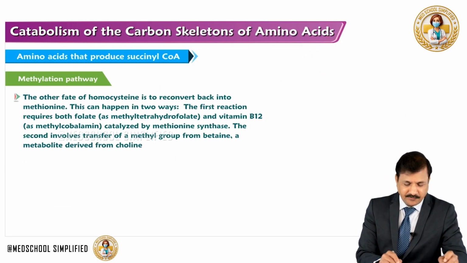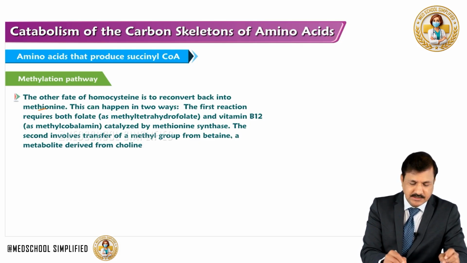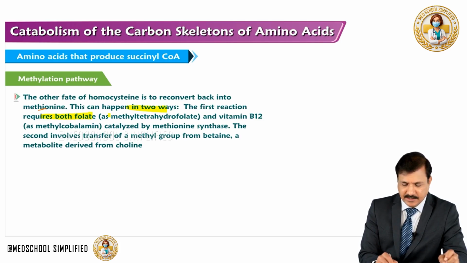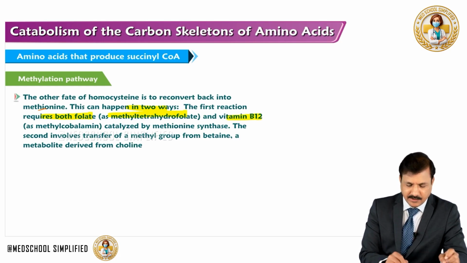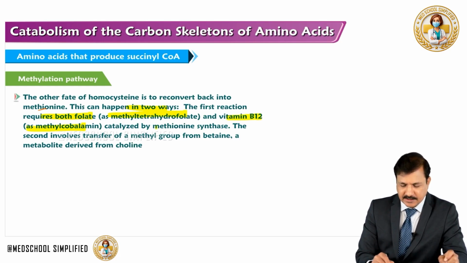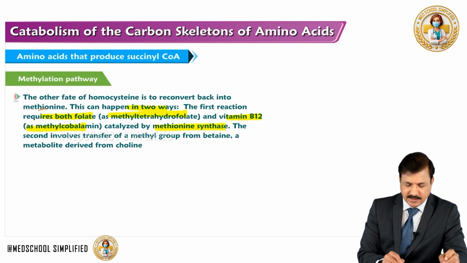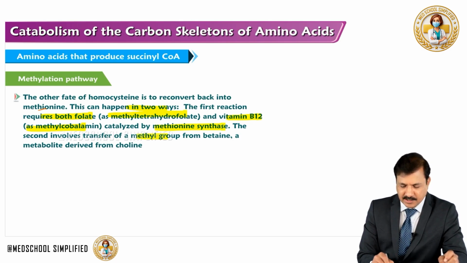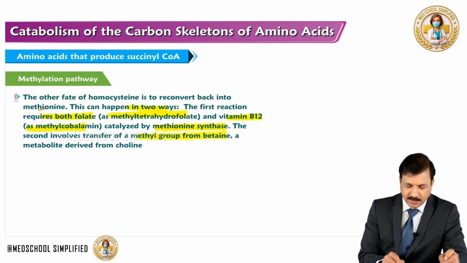So, the other fate of homocysteine is to convert back into methionine. This can happen in two ways. The first reaction requires both folate as methyl tetrahydrofolate and vitamin B12 as methylcobalamin, catalyzed by methionine synthase. The second involves the transfer of a methyl group from betaine, a metabolite of choline, as you see here in the figure.